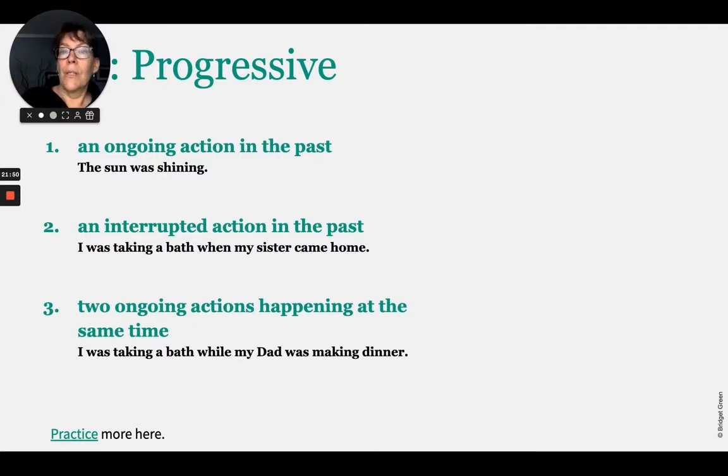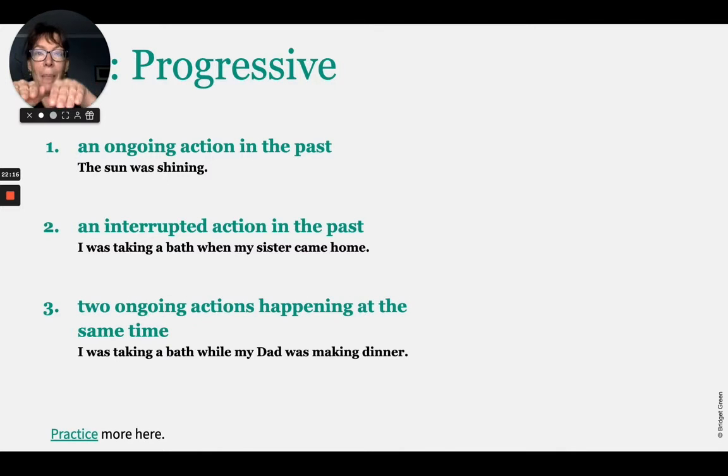3 uses of the past progressive: an ongoing action in the past, the sun was shining; an interrupted action in the past, I was taking a bath when my sister came home; and 2 ongoing actions happening at the same time. So I was taking a bath, my dad was making dinner.